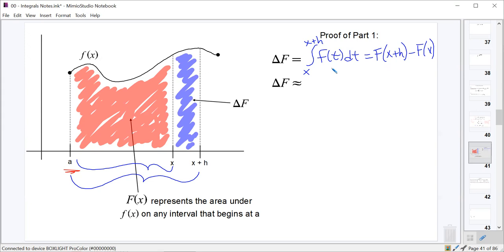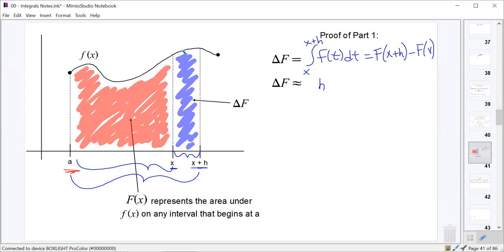We could say that this area is approximately equal to whatever this width is. Well, that width is x plus h minus x, so that width is just h. Then we have to multiply it by some value up here. It doesn't really matter which value we use, they're all pretty similar anyway.